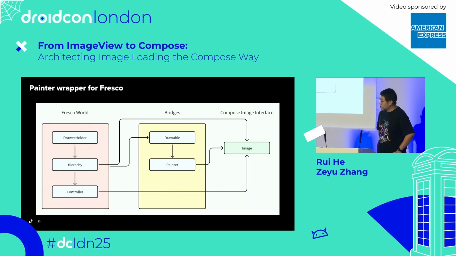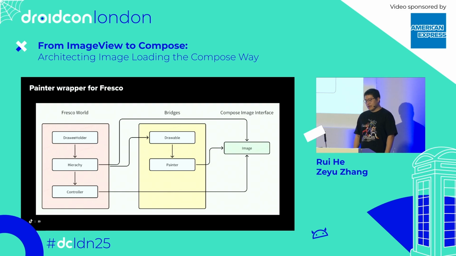Our strategy is pretty simple. If we have used Fresco, we might already know that in the final step, Fresco outputs drawables. And like Ray previously said, its equivalent in Compose is painters.